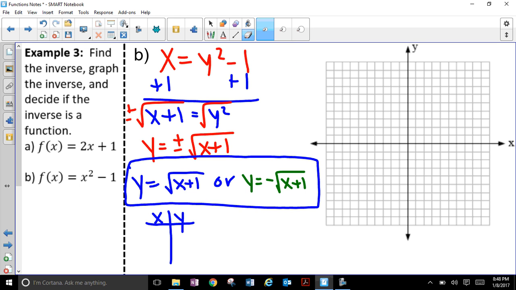We've been talking about how all of these shifts are the same. It's just that there's a radical, or an absolute value, or parentheses instead, but whatever's inside goes right or left. And then whatever's outside those signs is up or down, and it keeps the sign. And if there's a number in front, then it can make it steeper or wider.